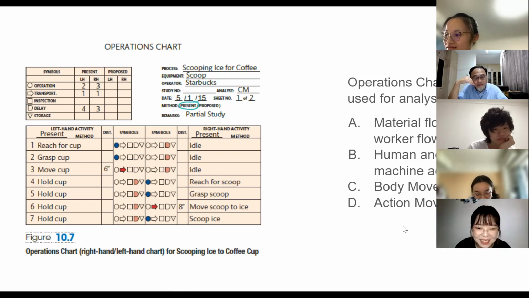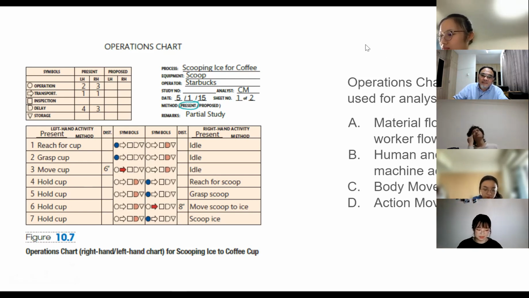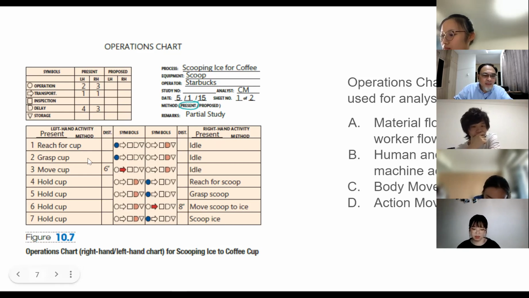Because when you say body movement, it's actually the hands, left hand activity, right hand activity. So it is reaching for the cup, grasping the cup, moving the cup, holding the cup. Reach for scoop, scoop ice to coffee cup. So this is the right hand, left hand chart.